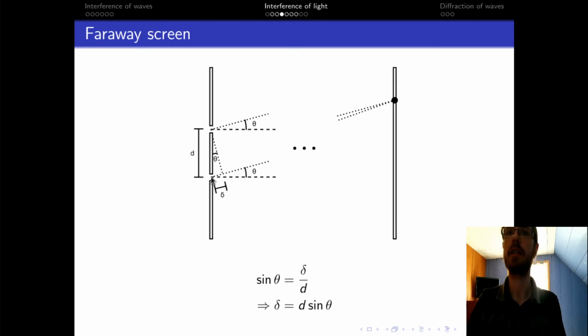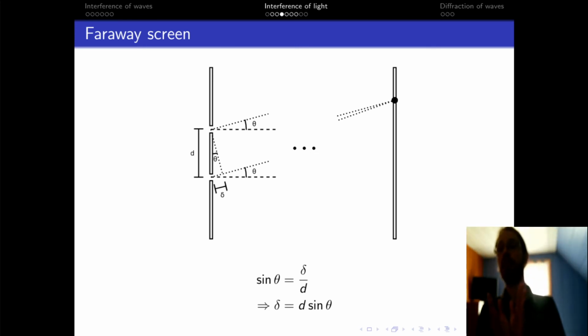The second one starts here at the bottom slit, goes up, continues over here until it hits the point on the screen. If the screen is very, very far away, the lines do not have to be very inclined compared to each other.